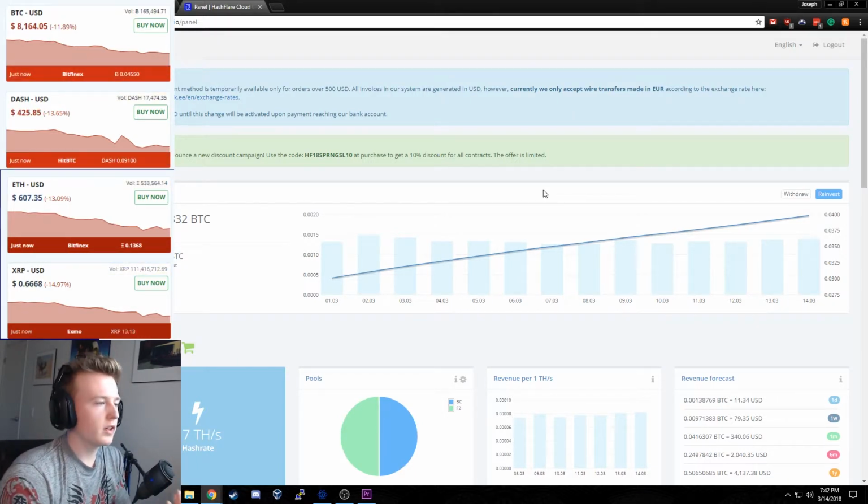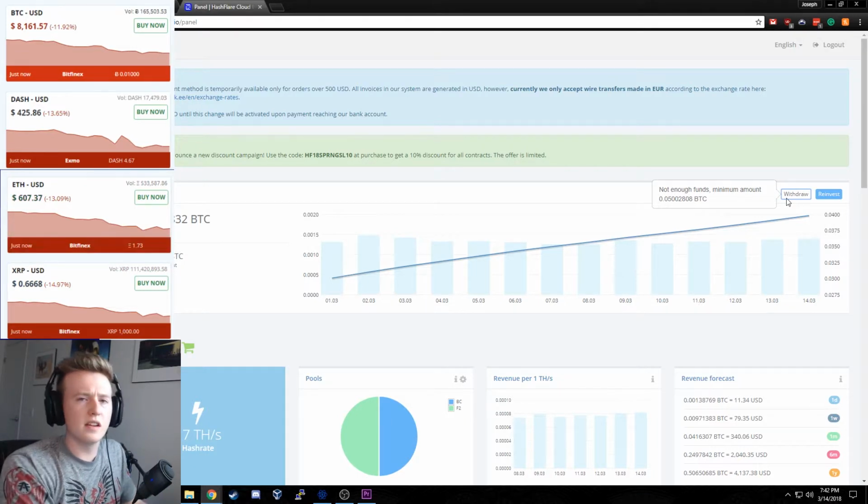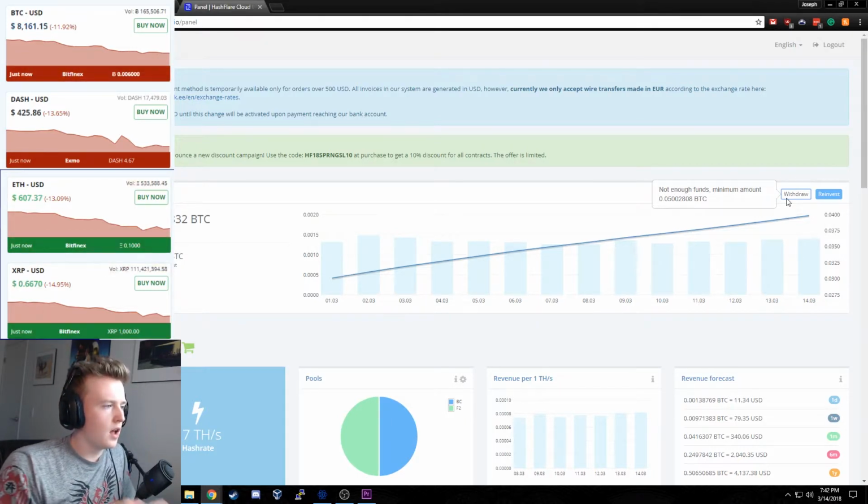At the time there was really high Bitcoin fees, so the minimum to withdraw was a lot. I believe currently, yeah, they still have that high withdrawal rate, so that's about $600.